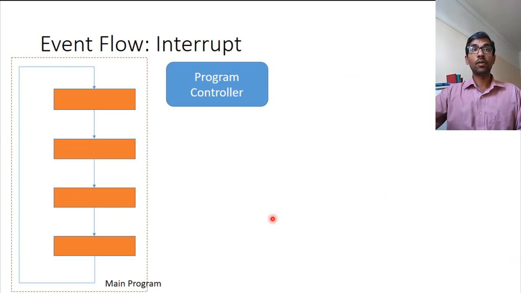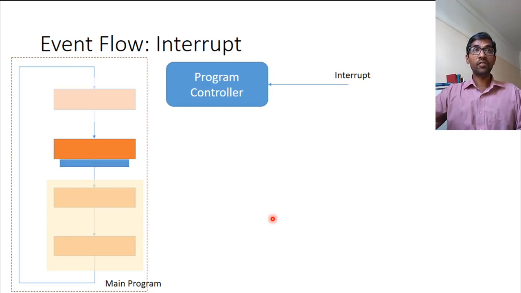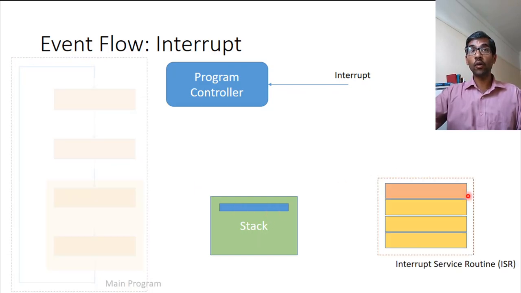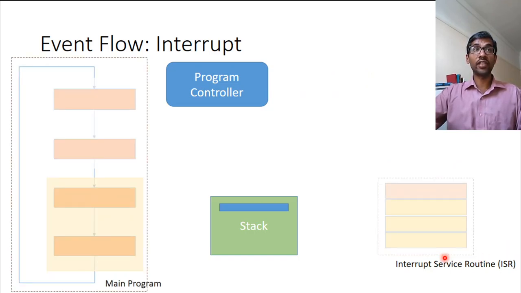Okay, so the interrupt arrives and there is a context associated with it. I put this context in the stack, and then I go and execute my interrupt service routine. And once I finish executing my interrupt service routine, I come back to my main program.